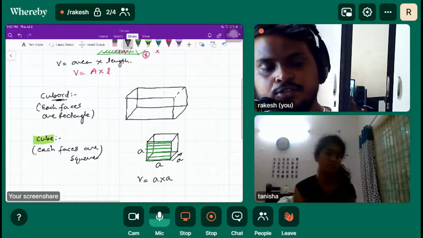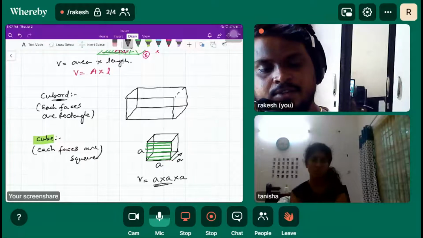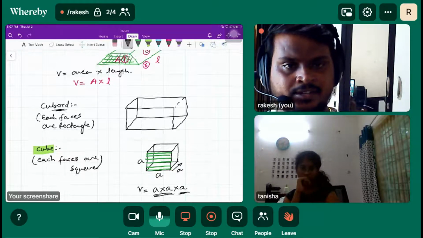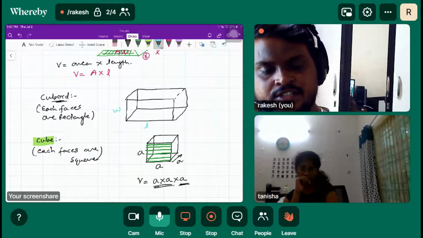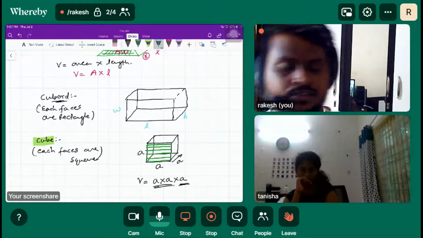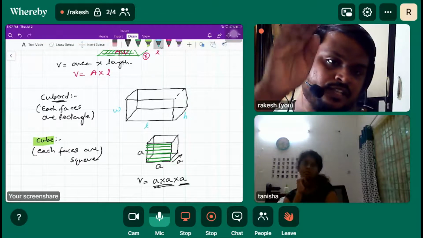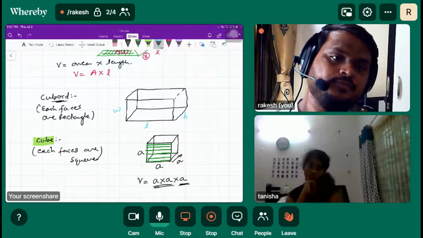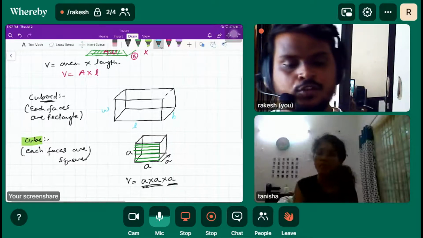In case of this cuboid, if the length of this rectangle is L, the width is W, and the length going inside the page is H units, what would be the volume of this cuboid?